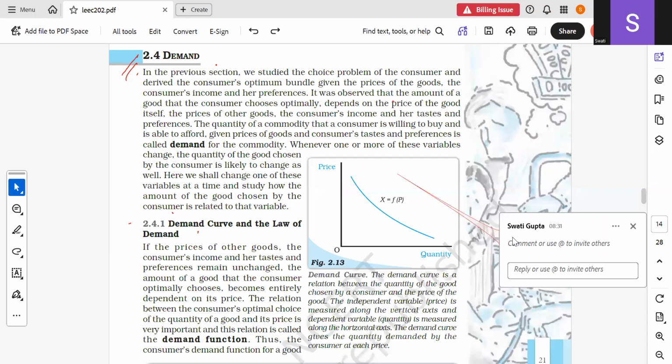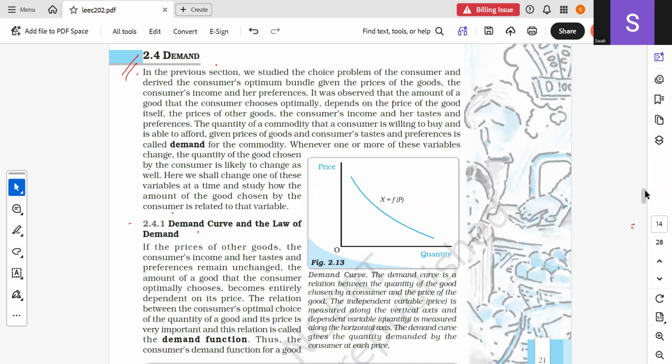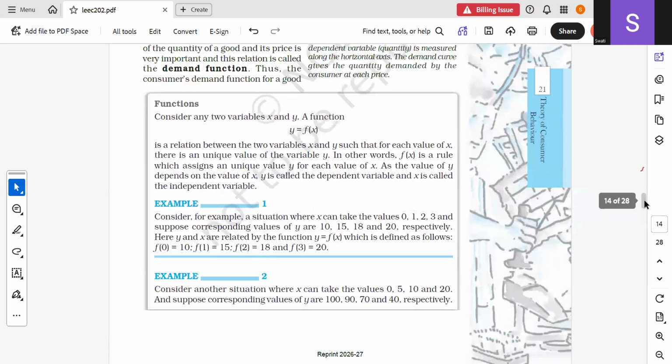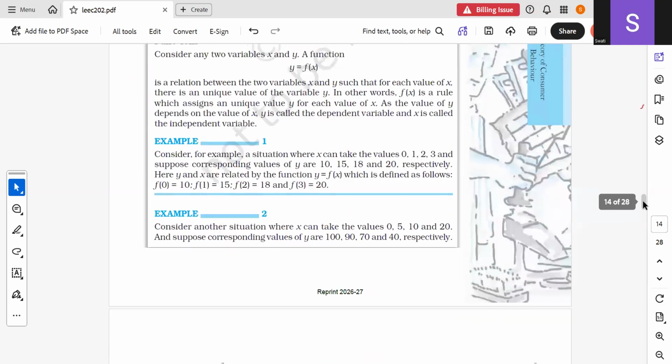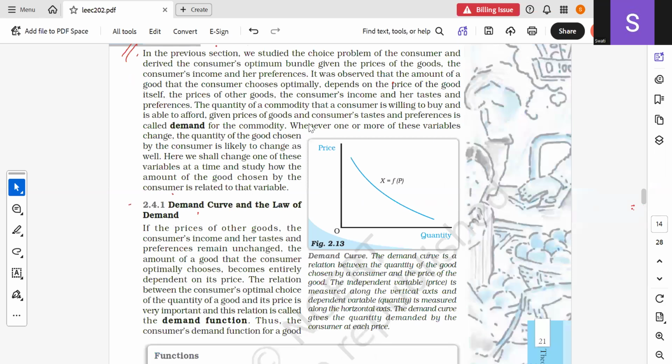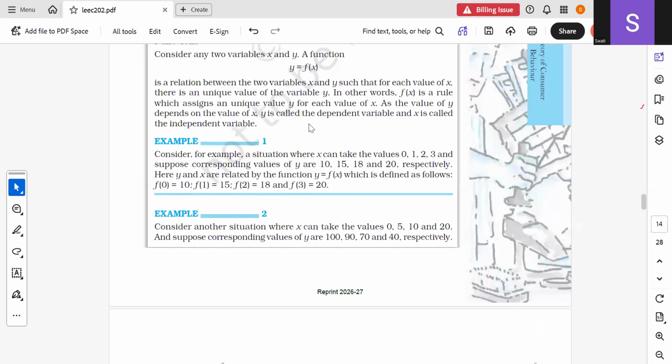Now let's see what our textbook says. They have mentioned some examples also, where they have taken some values of x and provided the values of y.